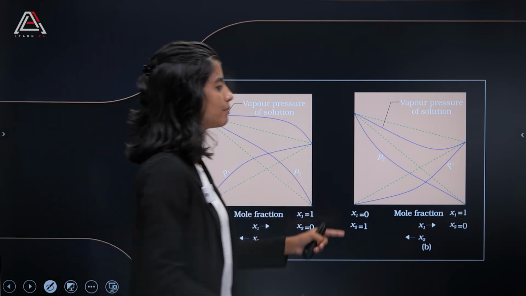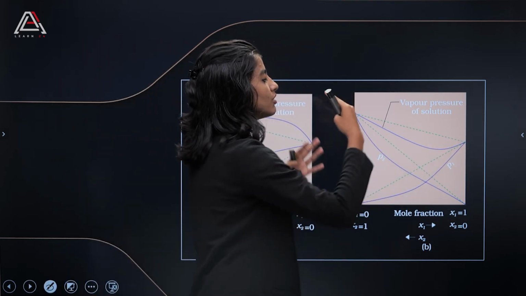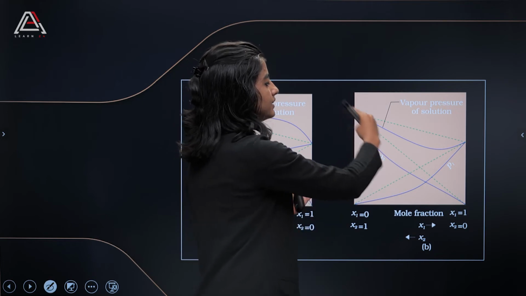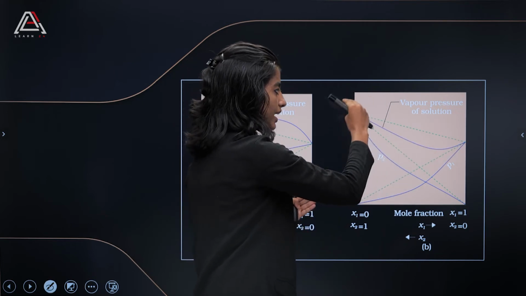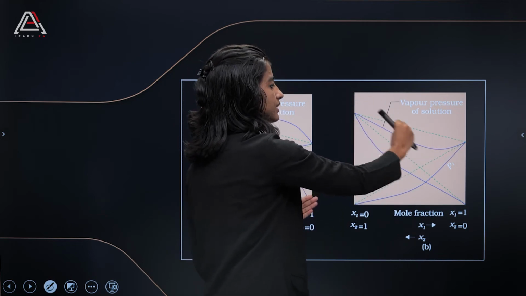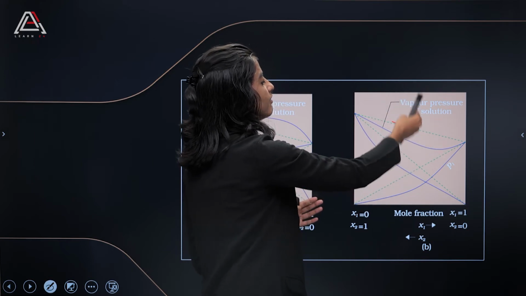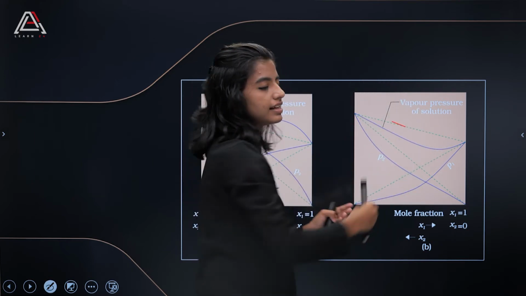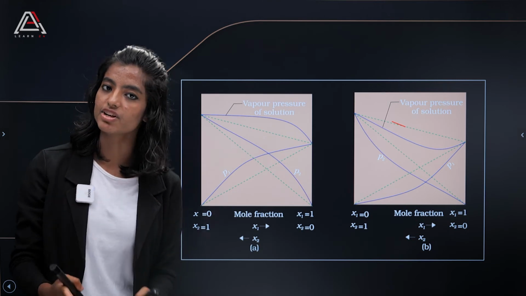If the vapor pressure is lower, we can represent it by the downward curve, below the expected vapor pressure at the green dot, and it shows a negative deviation.